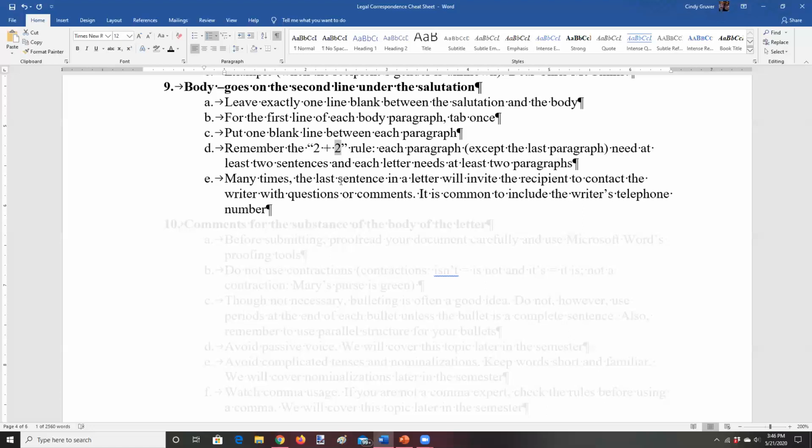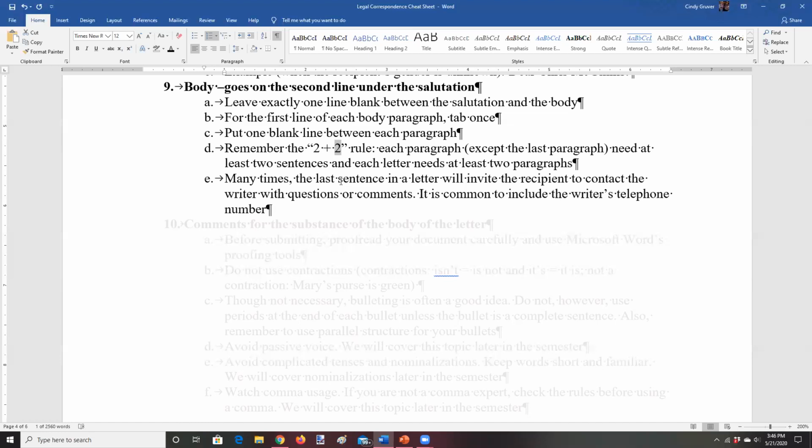And people who frequently read business letters have been trained to expect that telephone number in that last sentence. I mean, yes, it's also on the letterhead, but they're really focused on maybe that last sentence. So if you put it in both places, you're probably increasing the chances that the reader is going to get the information that he or she needs.